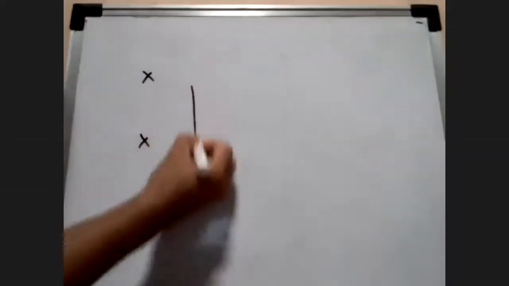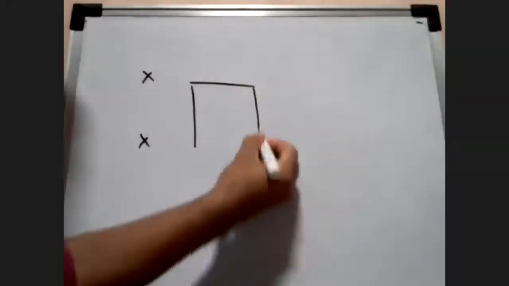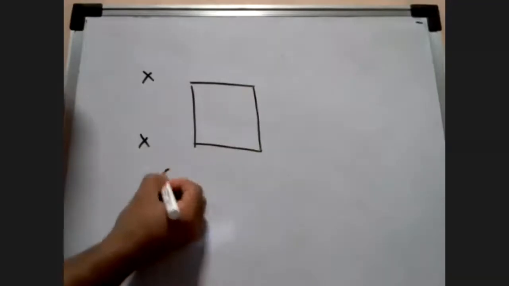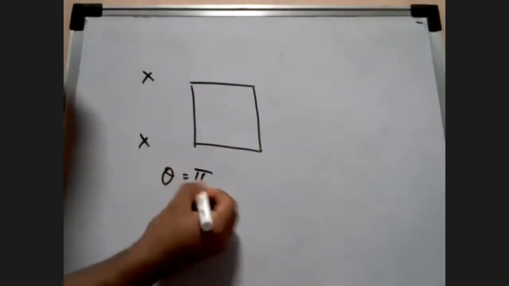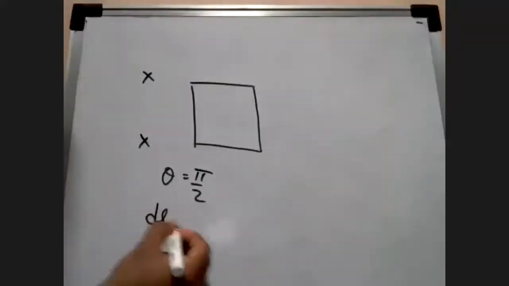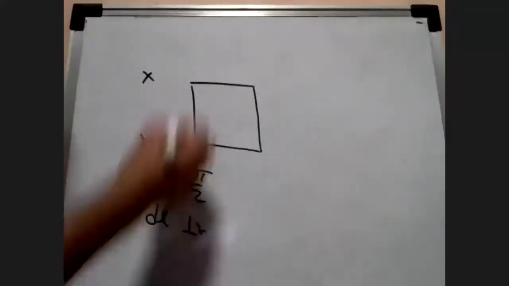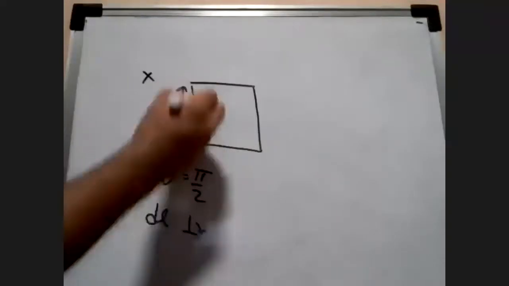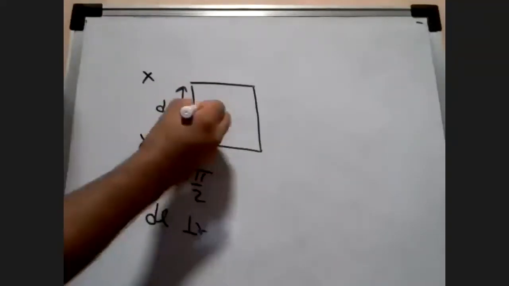Just a quick revision. If there is a magnetic field which is inside the board and you have a loop which is basically perpendicular, this loop is perpendicular. That means dL is perpendicular. dL means at every point of this loop in the direction of the current.